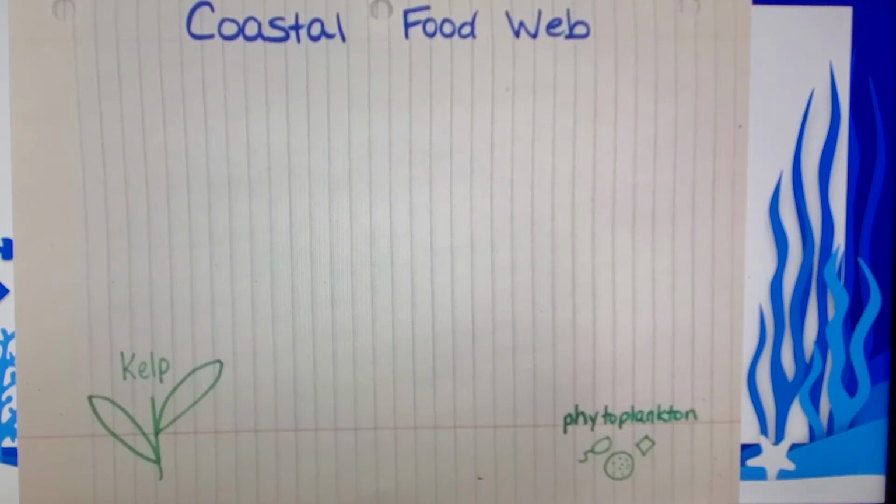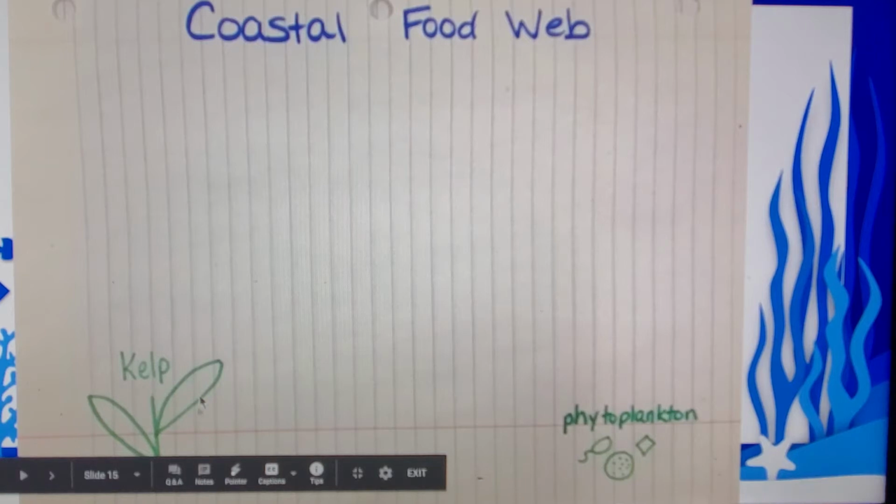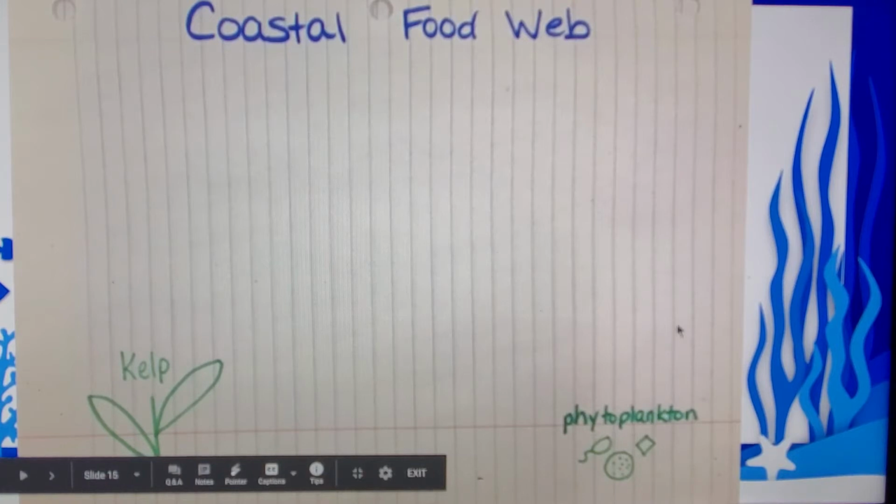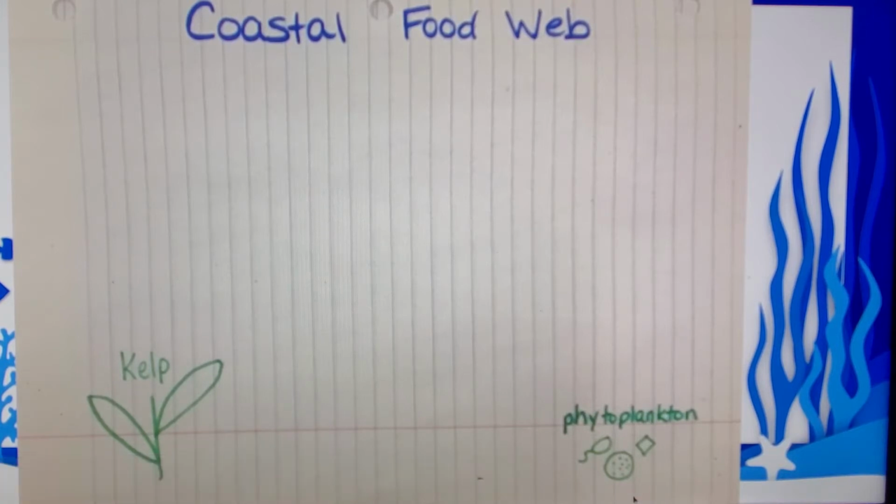So remember, it always starts with the producers. In this case, the kelp, that long seagrass you saw growing, and phytoplankton. Phytoplankton are tiny, tiny little plants that live in the ocean. They produce a huge amount of the oxygen in our atmosphere, probably more than the forests on the land.